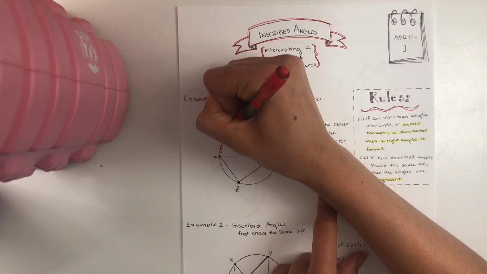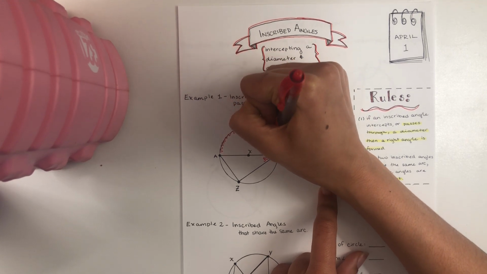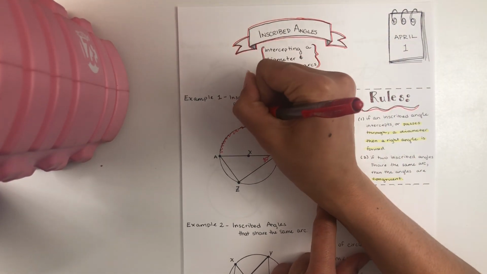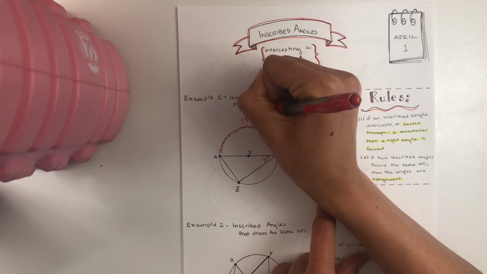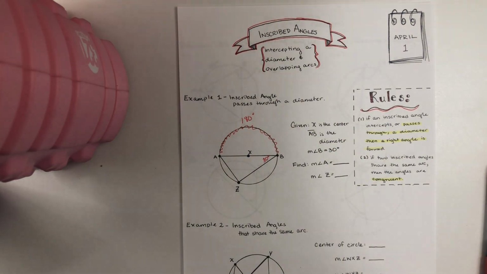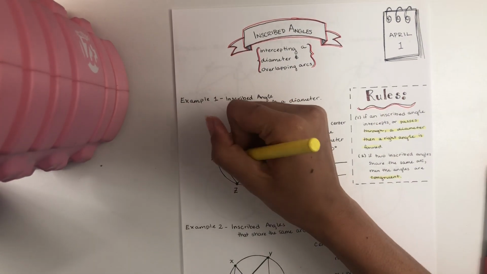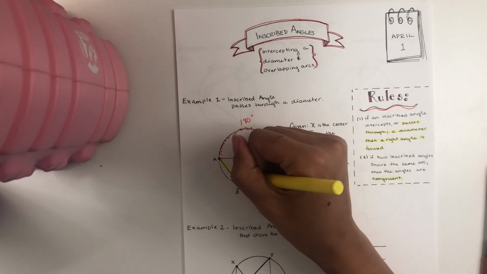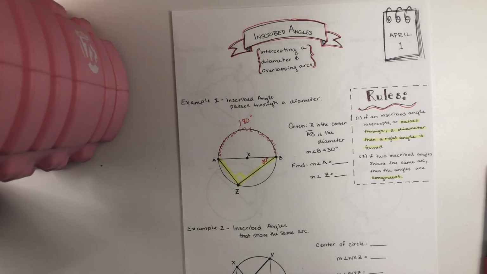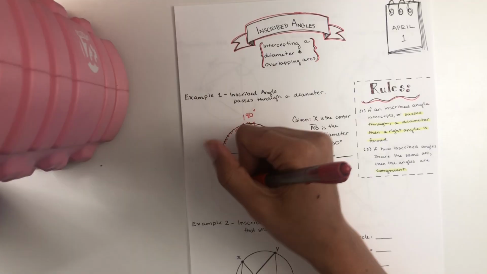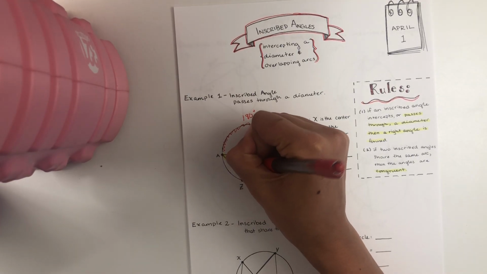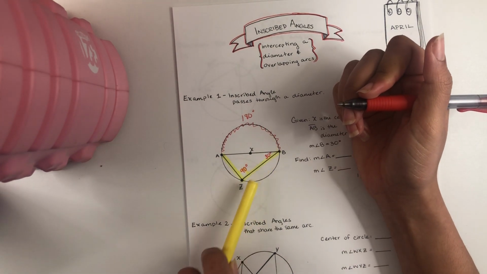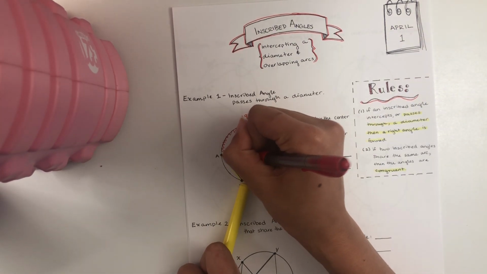That means that this is a semicircle. What's the measure of a semicircle? 180. If that's 180, what would this in here be? Hopefully you see that this would have to be 90 degrees. If this is 30, this is 90, then this is 60.